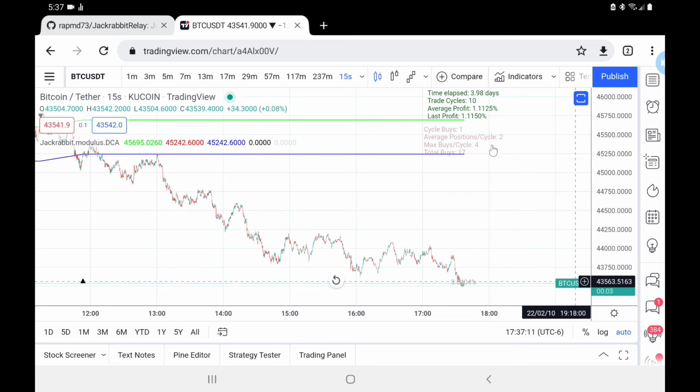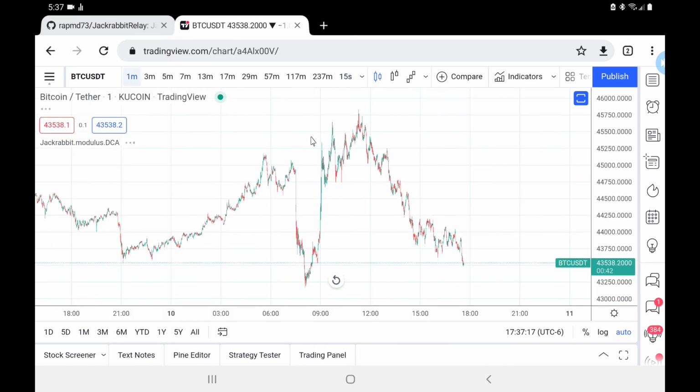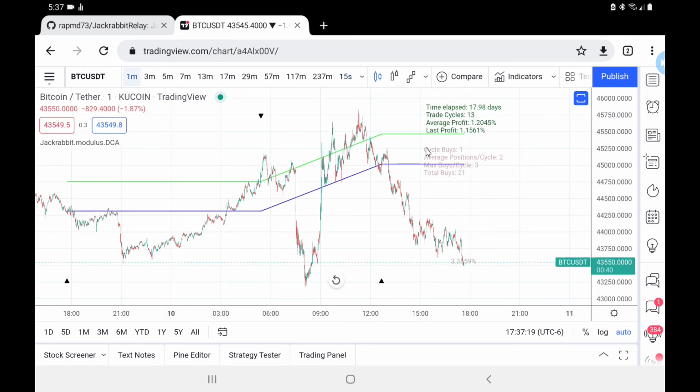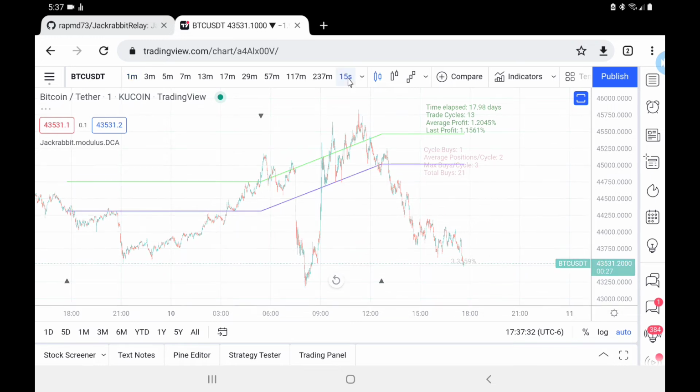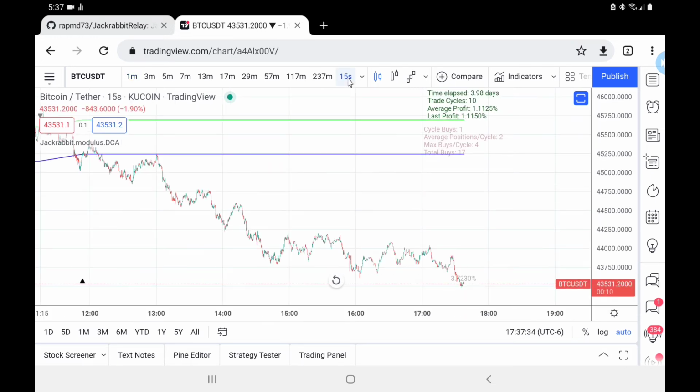Now, I personally either will choose the 15-second or the 1 minute, mostly the 1 minute because I have more exposure to trade cycles for what I am looking for in getting better profitability. But the 15 seconds can't be ignored.